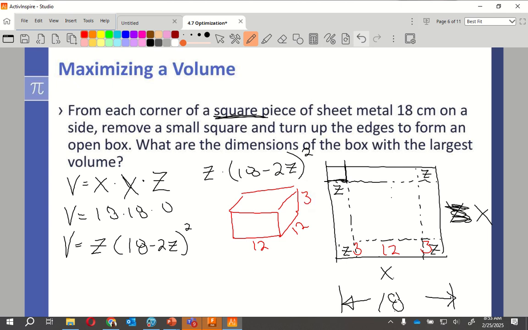So my volume is going to be 12 times 12 times 3. But this question is asking for the dimensions of the box with the largest volume. Does it say what is the largest volume? No, but it could. Right now it's only asking for the dimensions, so my dimensions are 12 by 12 by 3. Is that crazy? It's not too bad, right?